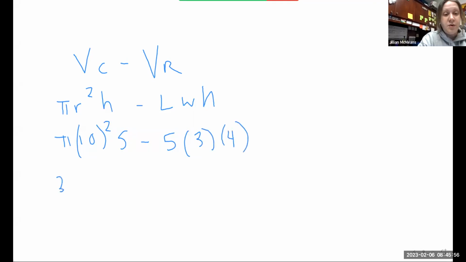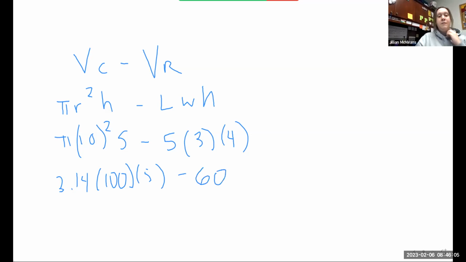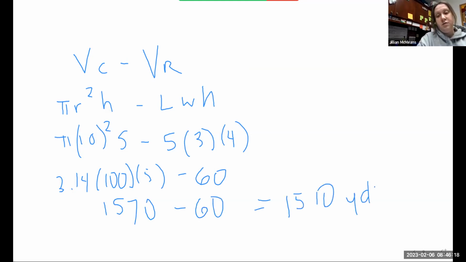So we're going to use 3.14 times 100 times 5 minus 60. We get 314 times 5, so 1570 minus 60. We should be getting 1510 yards cubed.